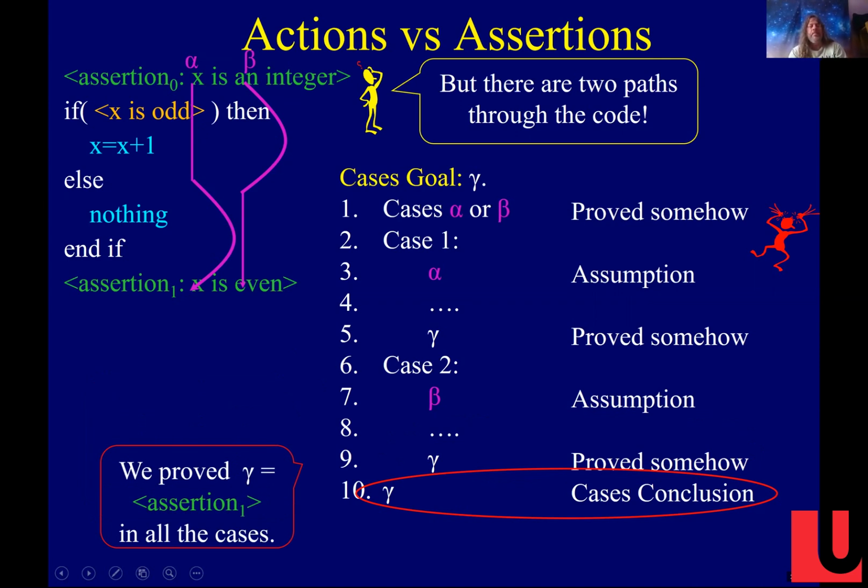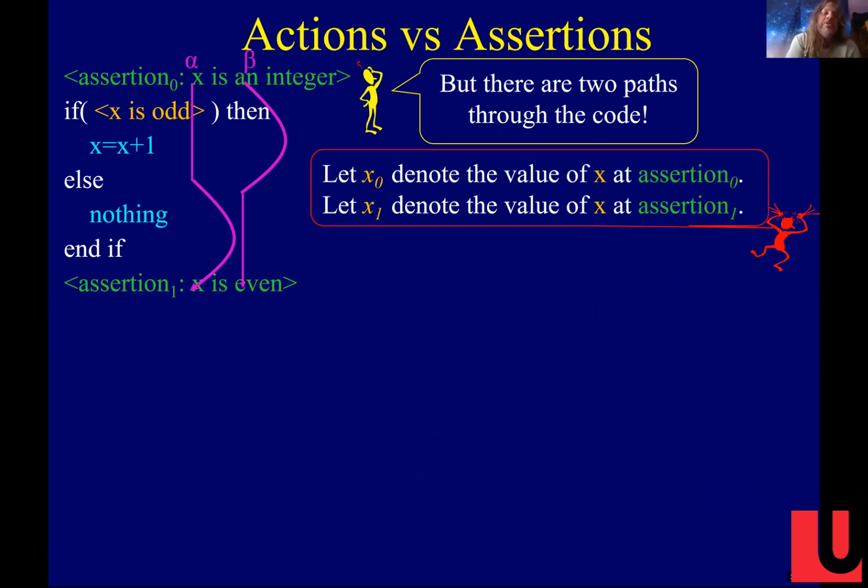Those are our steps. To do it, I don't want to just say the value of x, because the value of x changes. Whenever the value of x is the same within some block, then I won't distinguish between this value and that value. But if the value of a variable is going to change, I need some notation.